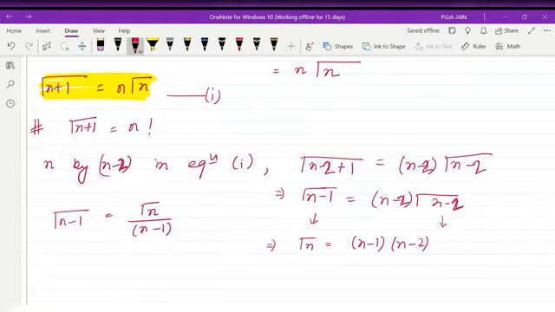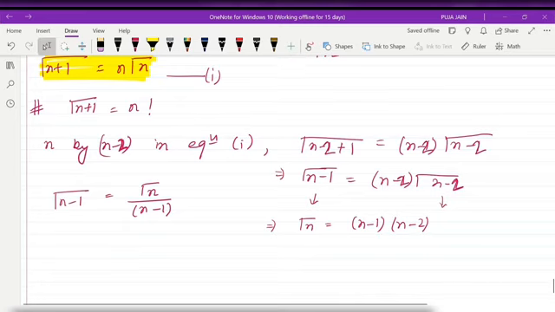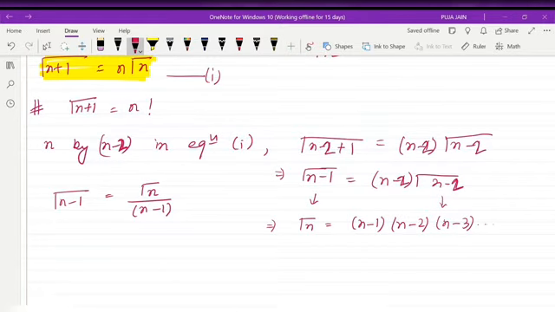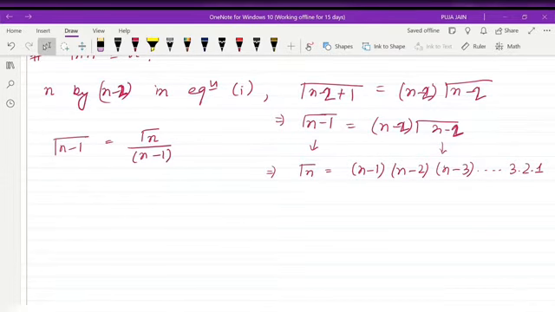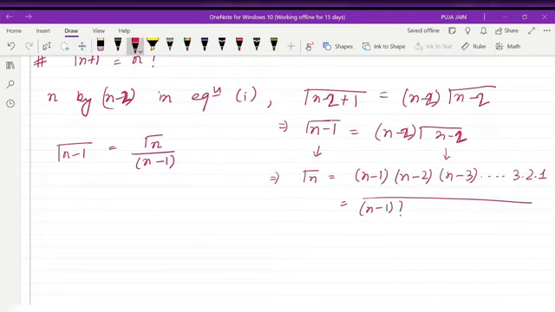This also we can break similarly, and we can again break it to get n minus 3, and so on, up to the end. In this way, this is our n minus 1 factorial. So we are getting gamma n equals n minus 1 factorial.